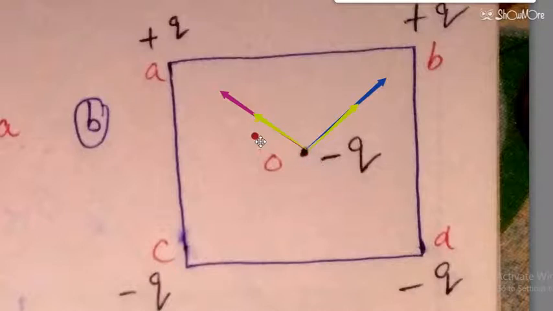So finally what will happen, if I name them, let's suppose this is FA, force due to A. This is FB, force due to B, and after that this negative is repelling this one, so it is FD.